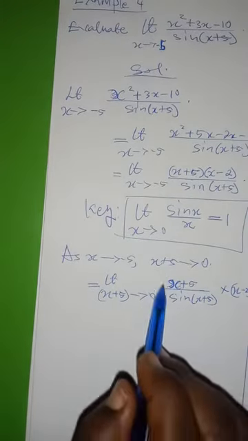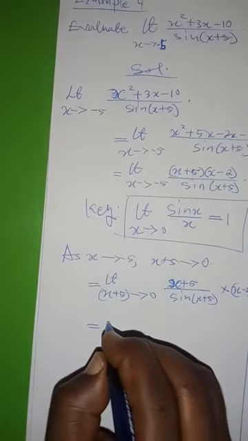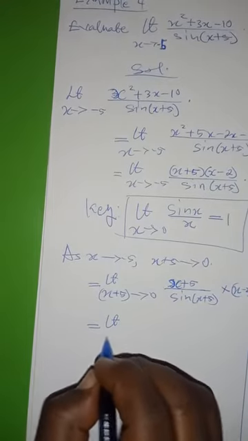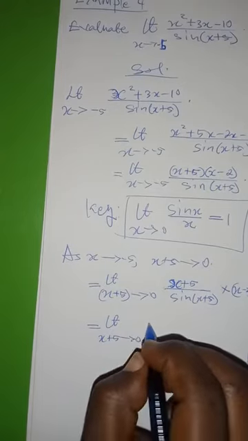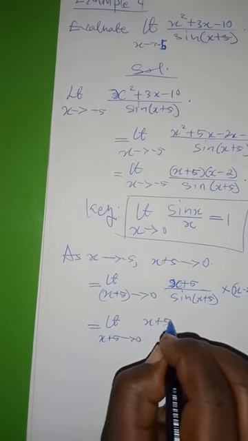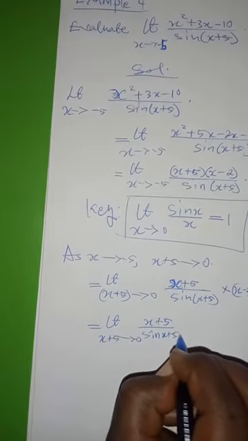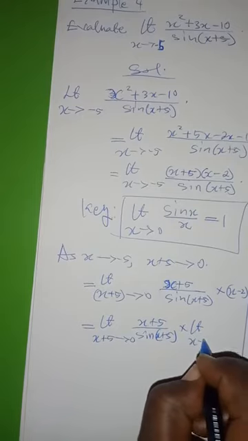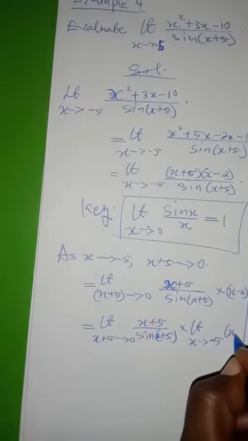See it? Okay, so I can split it up to give me, this is equal to limit as x plus 5 tends to 0 of x plus 5 over sine x plus 5, times limit as x tends to minus 5 of x minus 2.